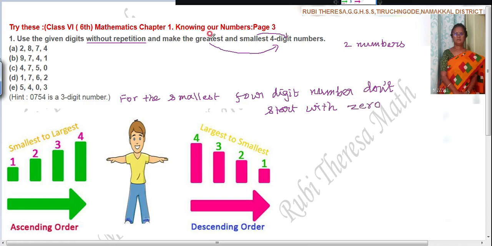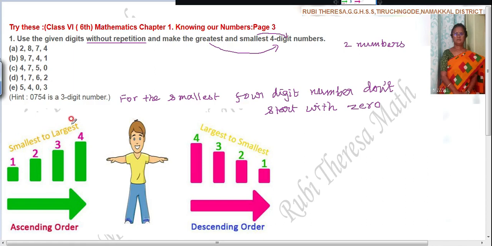So, before writing this greatest and smallest, you should know the ascending and descending order. Already you have studied about this, isn't it? But even though, better you recall it. What is ascending? Smallest to largest.